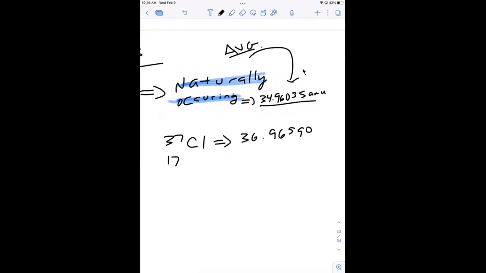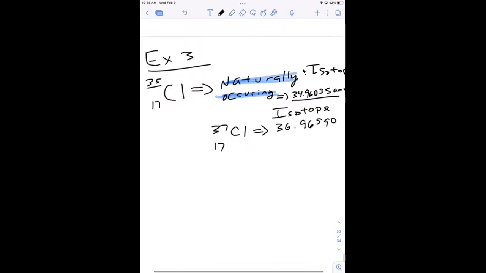Let me fix this too. This will be isotope 1, and this is isotope 2. I'm going to give you the average in a second, so fix that in your notes. The average is 35.453.